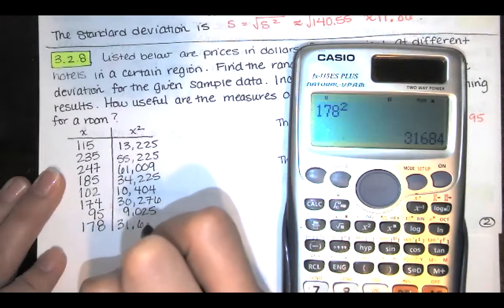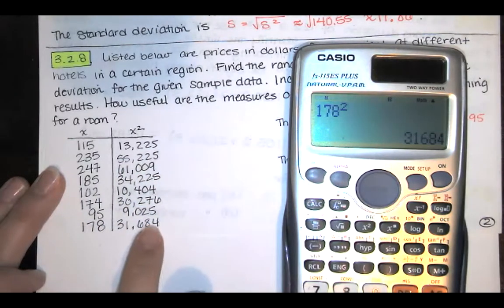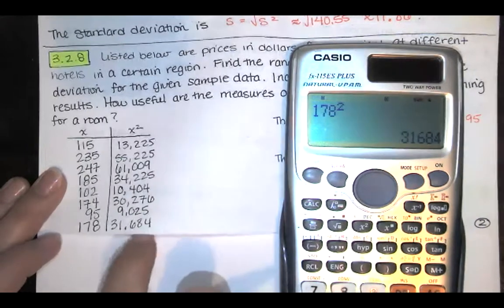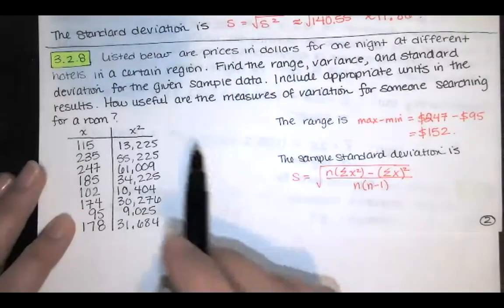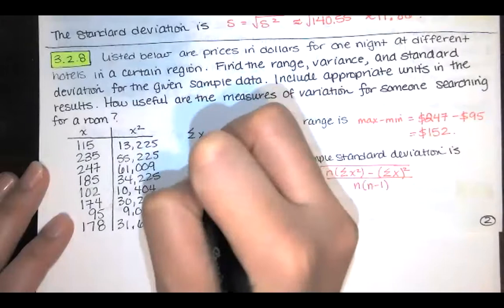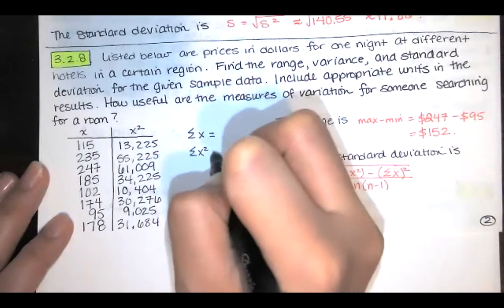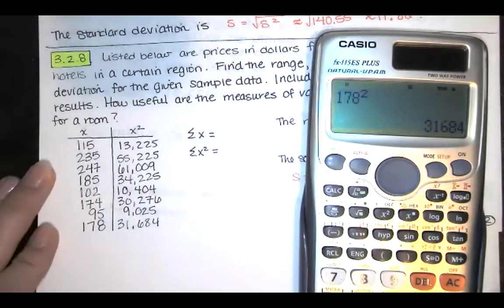Now, typically, I would write the sum of the x's right below this and the sum of the x squared right below this, but I'm actually at the bottom of my sheet of paper. So I'm going to list the sum of the x's and the sum of the x squared over here. So we're just going to add up everything in this column.